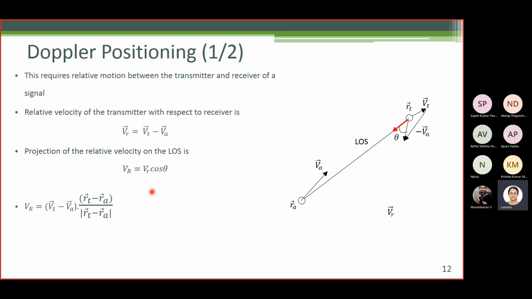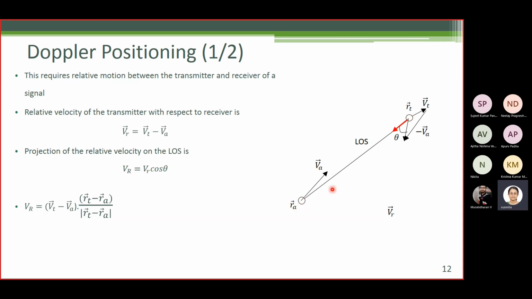Now when there is a relative motion between the transmitter and the user, the received signal will have a Doppler shift in it. The signal is transmitted by the transmitter at some particular frequency Ft, which is known.